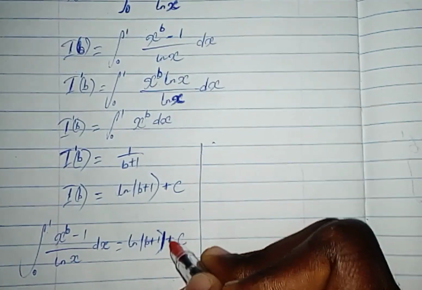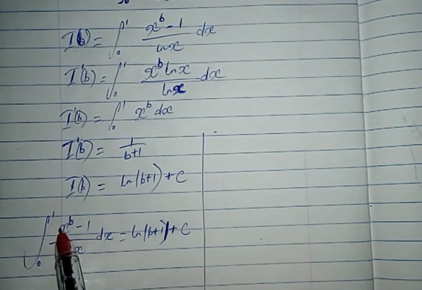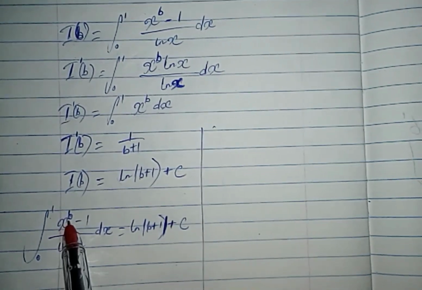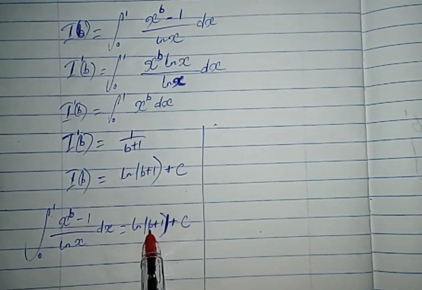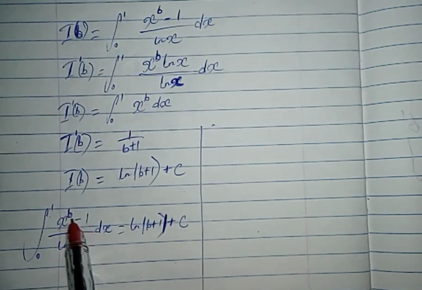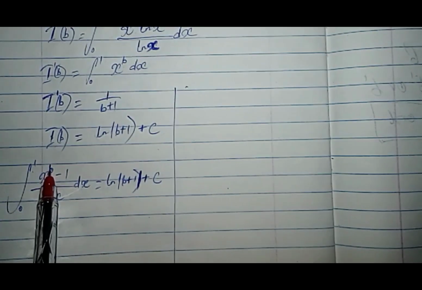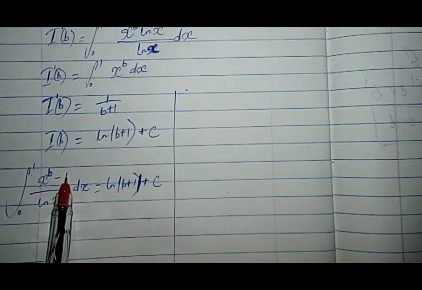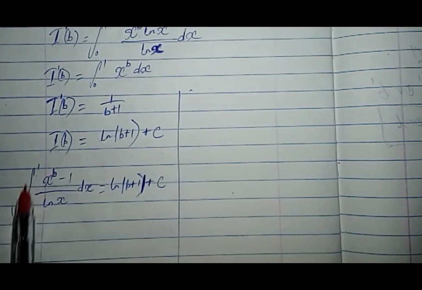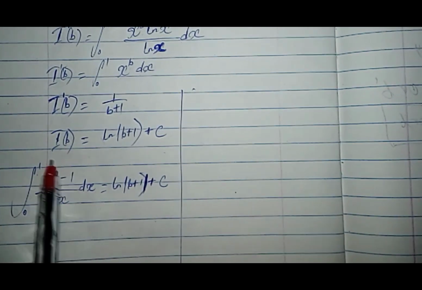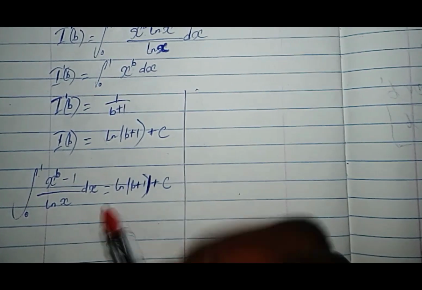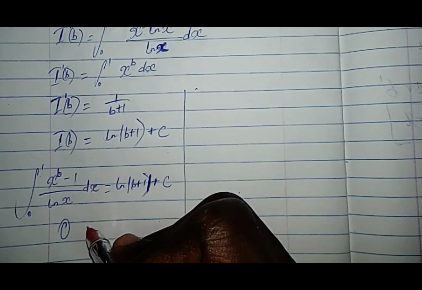plus c. Notice something: when I input 0 as b here and do the same at the right hand side, we have x to the 0 is 1, and 1 minus 1 is 0. So this whole integral becomes 0, because 0 over ln x is just 0. So the left hand side becomes 0.